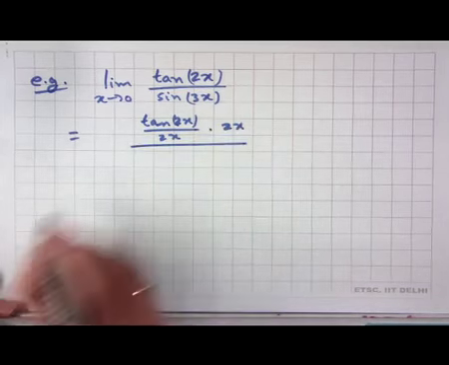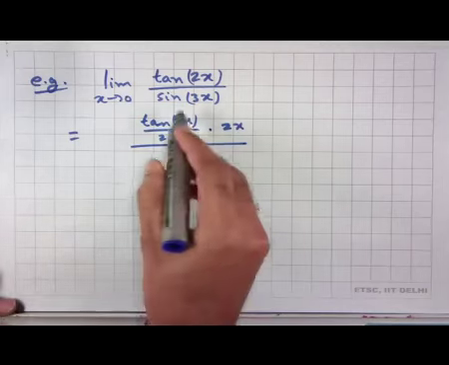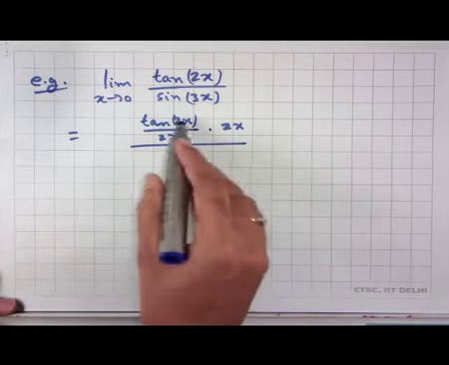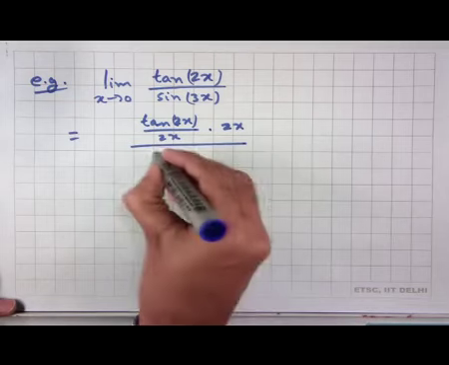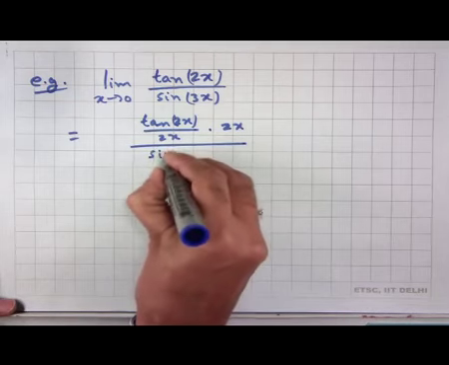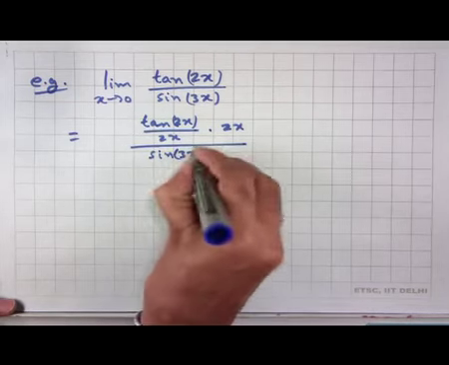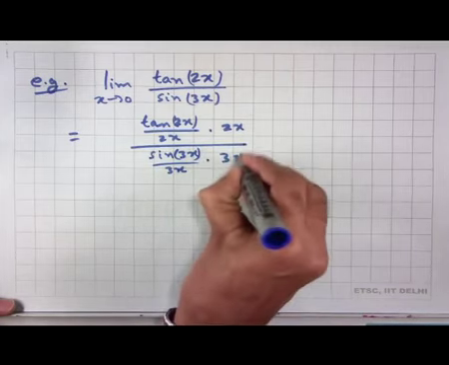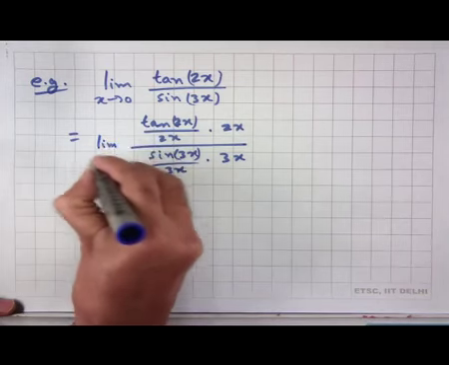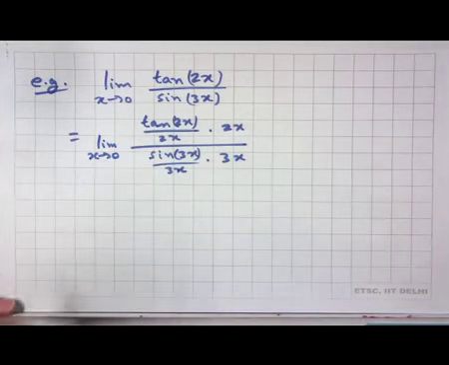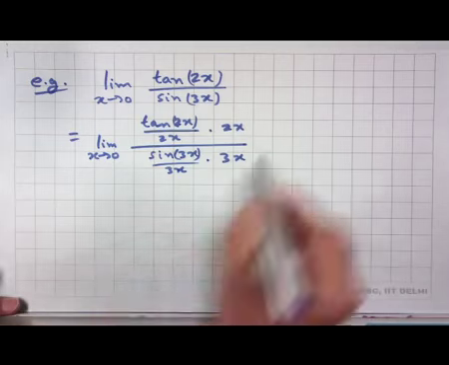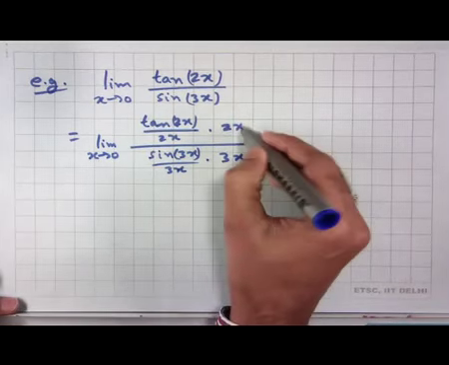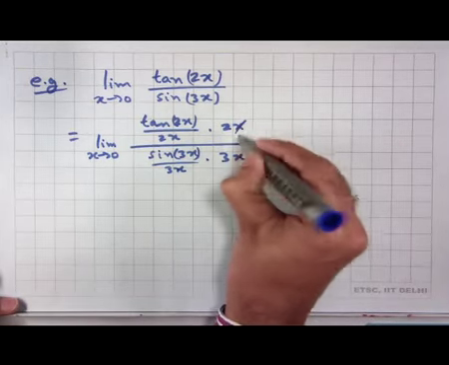If x is not 0, I can write tan 2x as (tan 2x by 2x) times 2x. Similarly, sin 3x can be written as (sin 3x by 3x) times 3x, and then we have the limit as x goes to 0. Now, in this 2x by 3x, if x is non-zero, I can cancel the x.